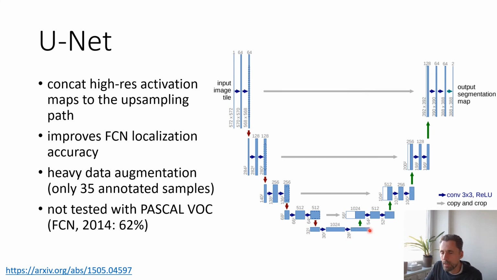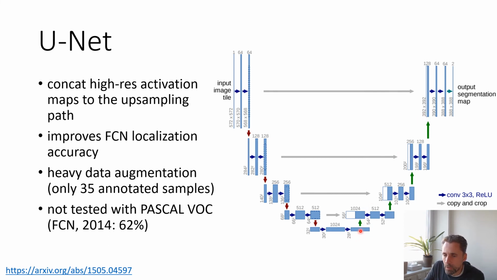It has many channels or features here. Now, this is the downsampling path, and we'll now complete this with an upsampling.